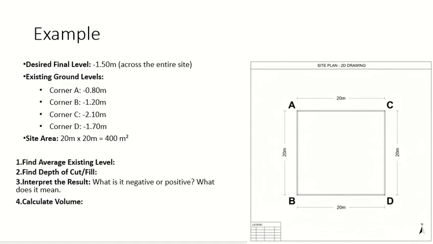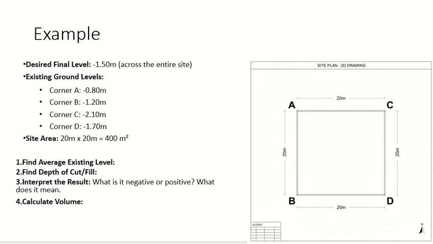Clear? But if you're doing it for road work and your road is 2 kilometers, you will not take one level at 0 and the other after 2 kilometers. It's too much. Or you were taking the levels and you found one level to be 0, the other one is minus 5. You can see a difference now.